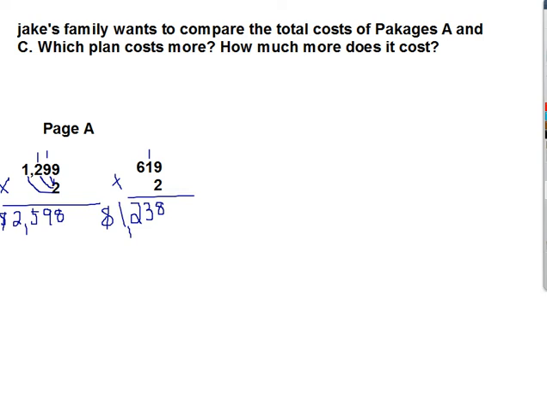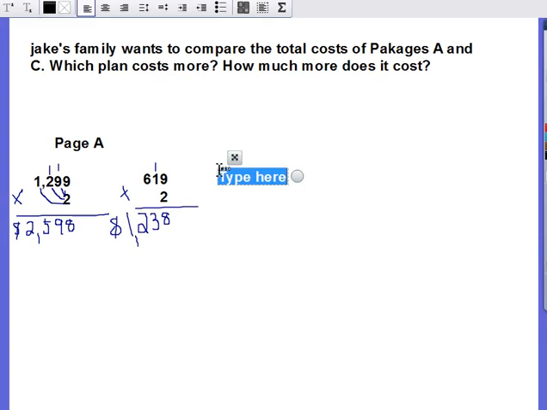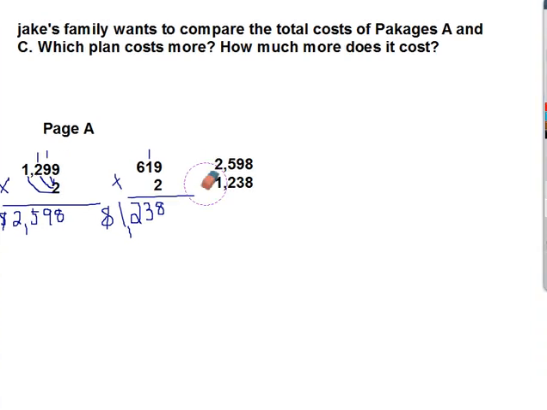Okay, so if I were to add those 2 up to figure out how much total package A would cost them, 2,598 plus $1,238. Okay, add those together. 8 plus 8 is 16. 9 plus 3, 9, 10, 11, 12, 13. 5, 6, 7, 8.